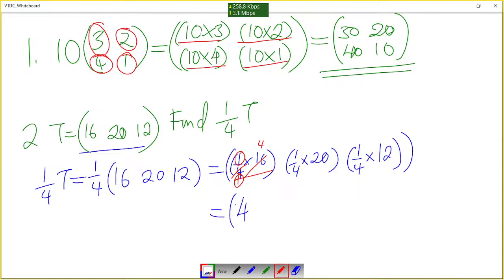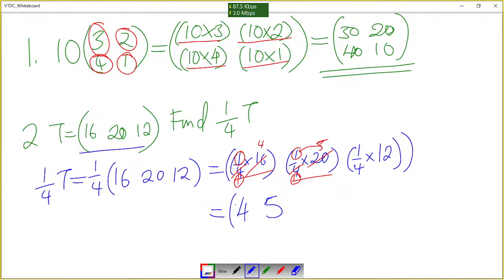Then we come here again, we evaluate. So we say 4 into 4, it's 1. 4 into 20, that is 5. Then we say 1 into 1 will give us 1. Then 1 times this 5 will give us 5. So the next number will be 5.